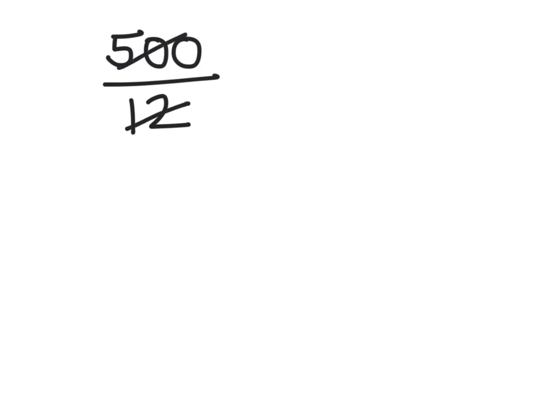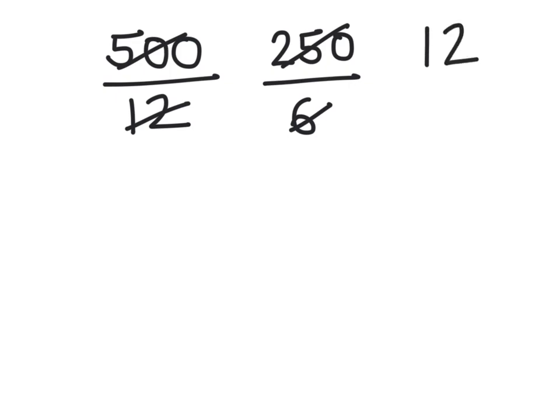As always, I recommend cancelling fractions down to their lowest terms. So again, we're looking for common factors here. Both even numbers, we can cancel that down to 250 over 6. We've still got even numbers there, so that can cancel down again to 125 over 3. There are no further common factors between 125 and 3, so this is what we've got to work with.